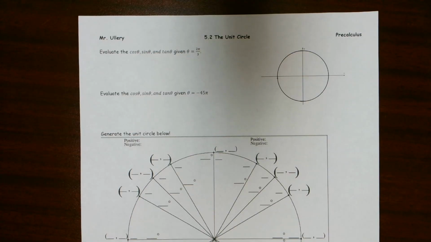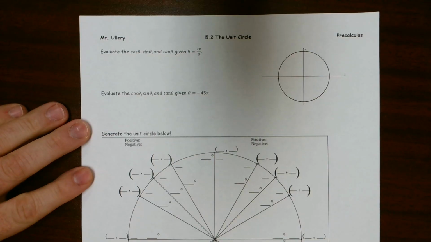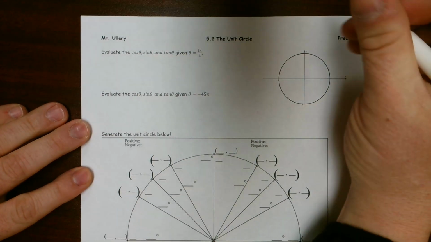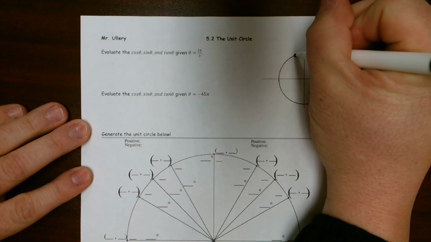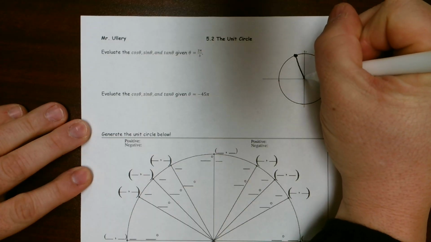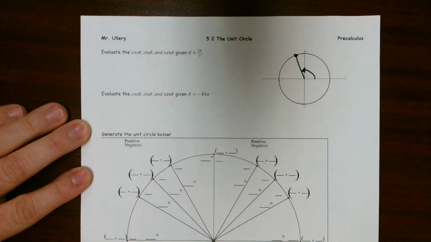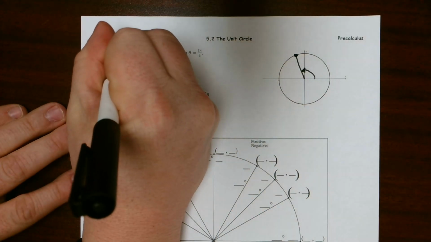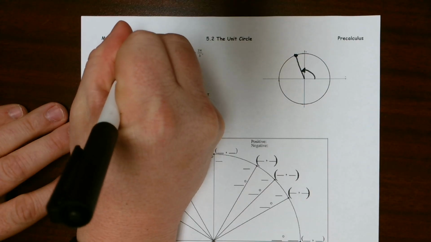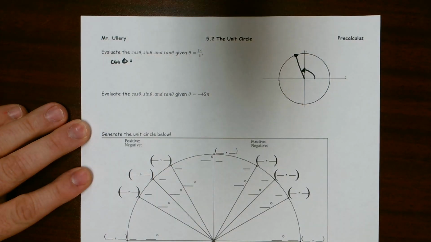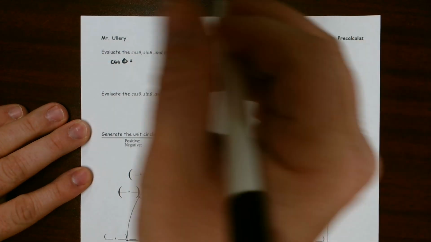First thing we're being asked to do is evaluate the cosine, sine, and tangent of theta, given that theta is 2 pi thirds. So 2 pi thirds is an angle that's roughly right there. If you look at your unit circle, that should be where you find it. If you remember, the cosine of an angle is the same as the x-coordinate on the unit circle.